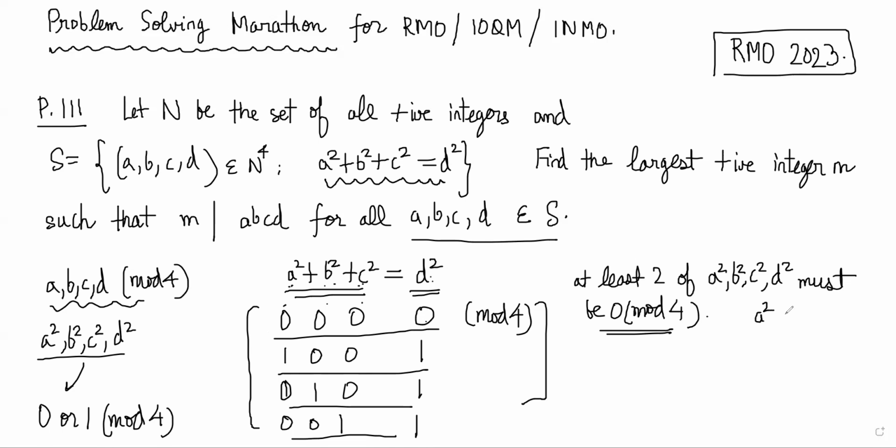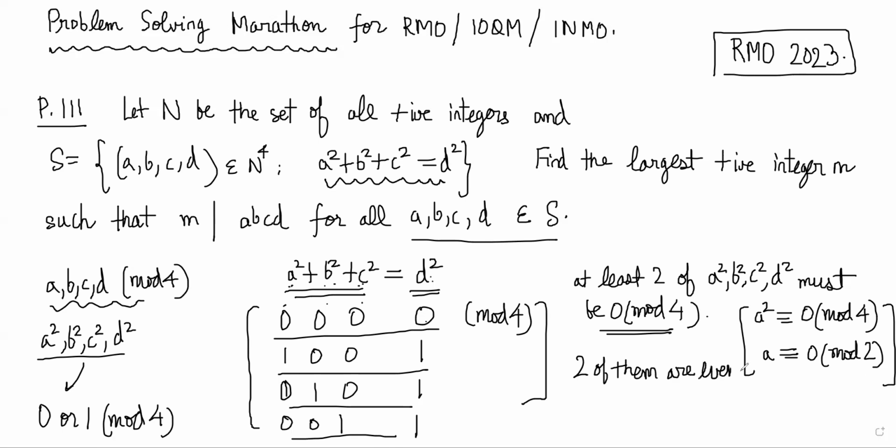If a square is 0 mod 4, it implies that a must be 0 mod 2, basically, a is even. Similarly, if b square is 0 mod 4, b must be even. So at least 2 of them are even, and that means the product abcd is divisible by 4. Okay, so we have figured this part out.